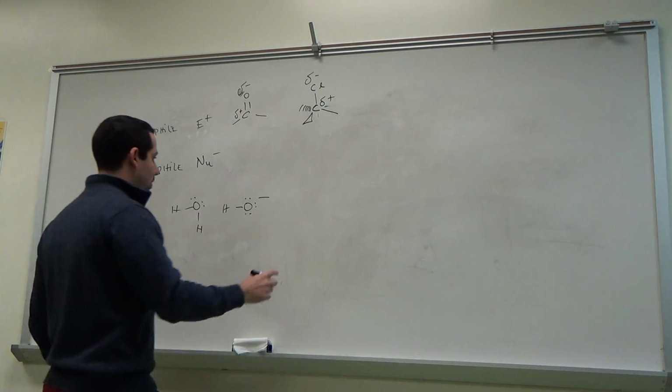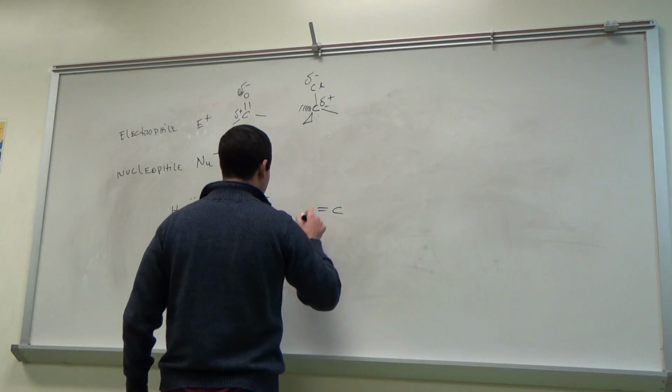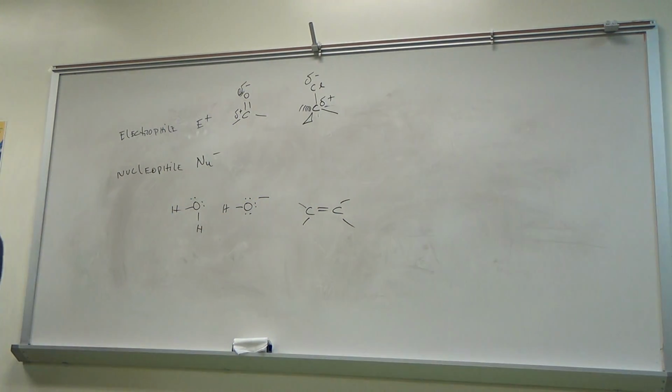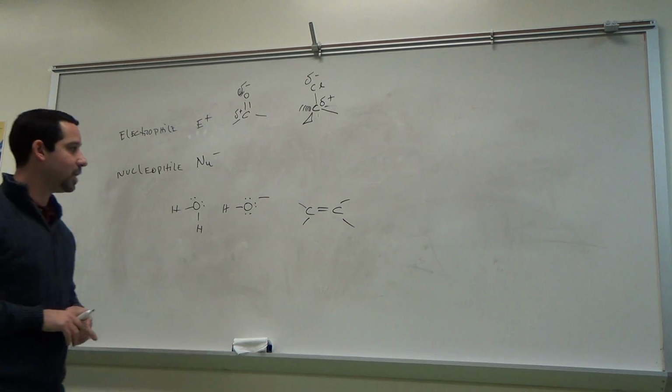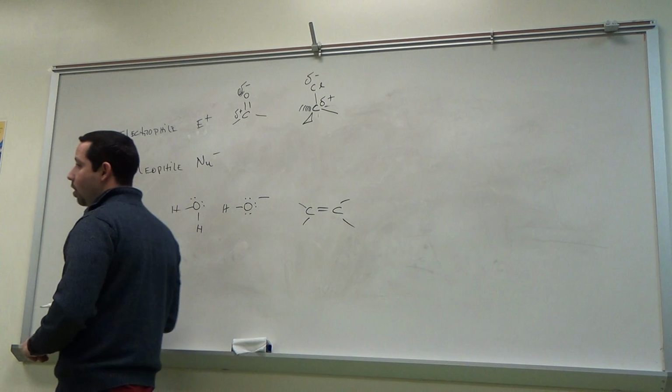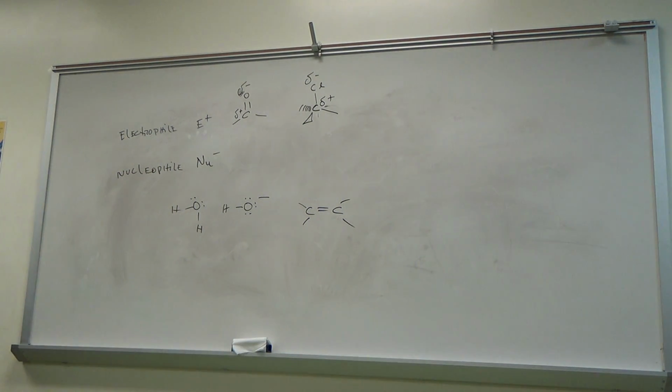How about this? This here. Is that a nucleophile or is that an electrophile? Nucleophile. That's a problem, yes? It's a nucleophile. It could act as both, okay? It depends, but we know that this pi bond here has electrons, okay? Because it has electrons, it can act as a nucleophile.